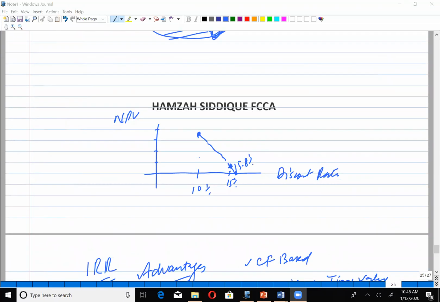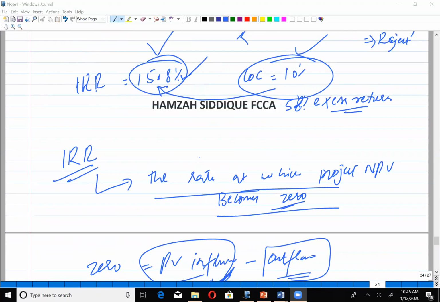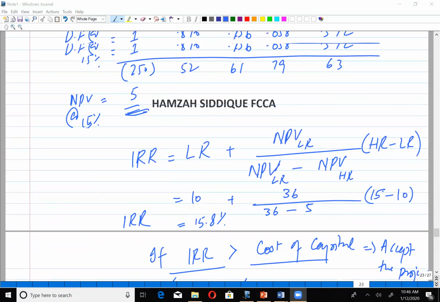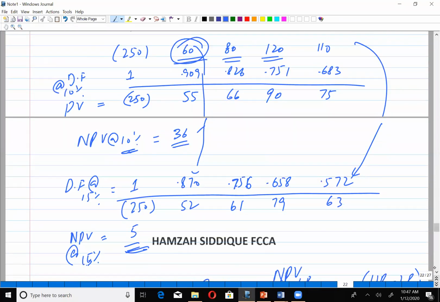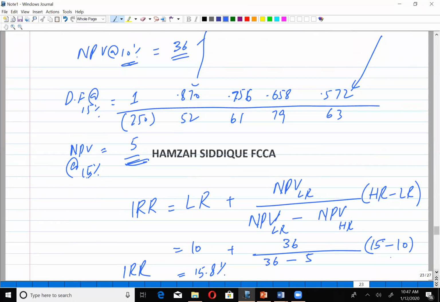Students, these are the cash flow generated of the project. These are the excess cash flow. IRR assumes that these can be reinvested by the company somewhere else at the same rate of IRR.